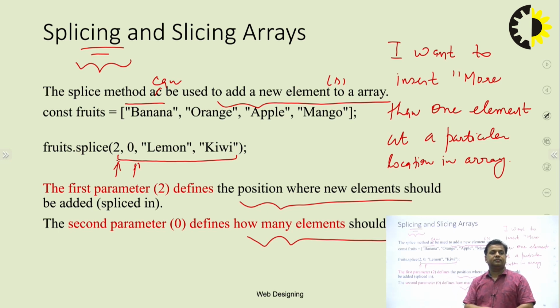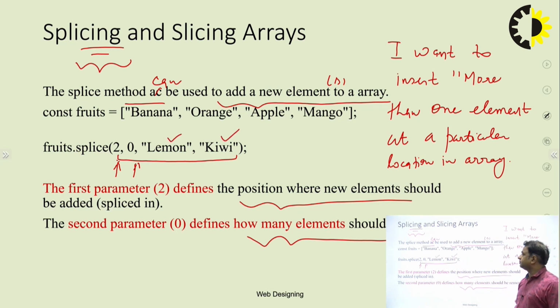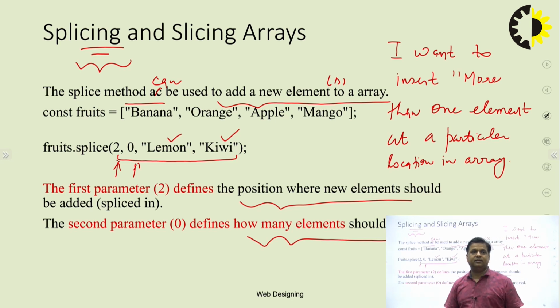Which elements do I want to insert? These two elements, lemon and kiwi, right? So what will be the output of this splice method? Fruits dot splice 2 comma 0 lemon comma kiwi. So what is my array?